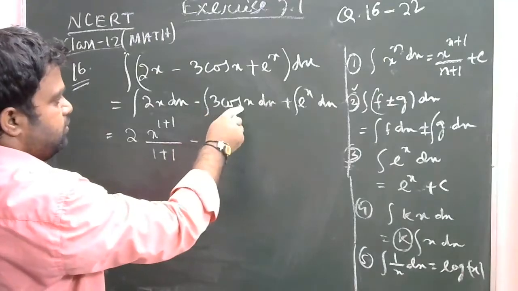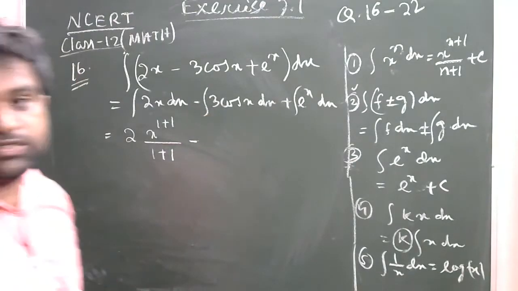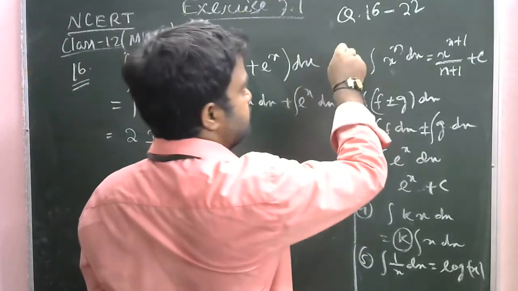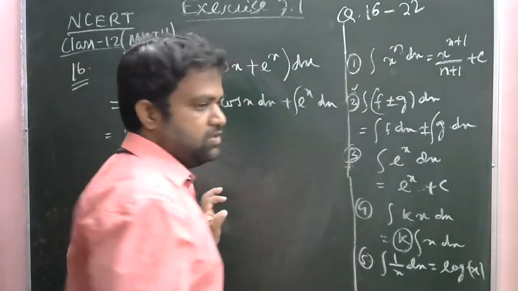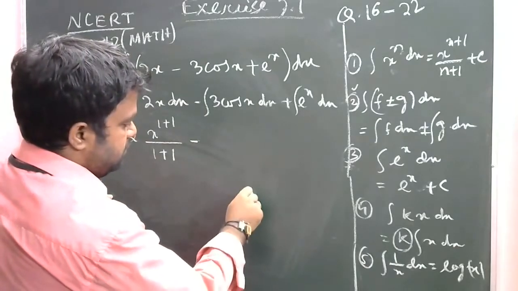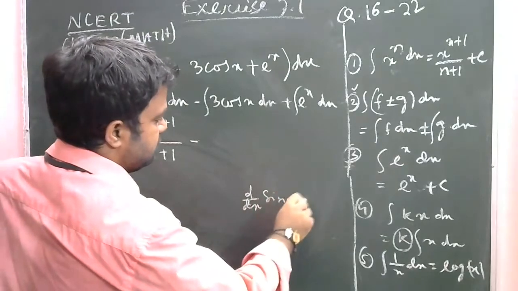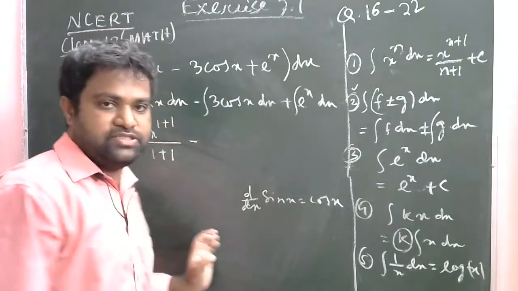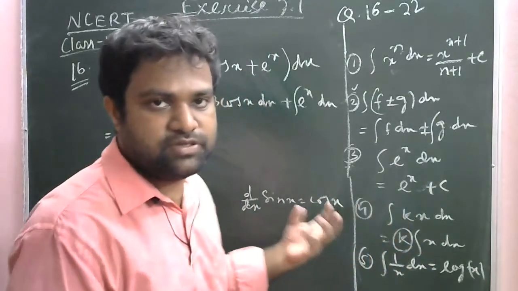Minus 3 cos x. What is the integration of cos x? The integration of cos x is sin x, because the derivative of sin x is cos x. Integration is the antiderivative, the reverse of that function.